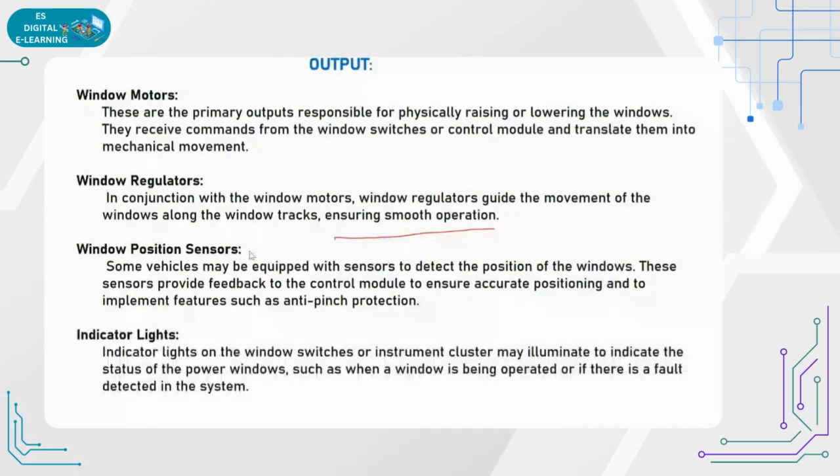And moreover, the indicator lighting. The indicator lighting usually shows on a display, the cluster. There the person can see whether the window is fully opened or not, or if any fault or failure is there, so that information you can see on the cluster side. So this is the indicator lighting. These are the outputs of the power window.